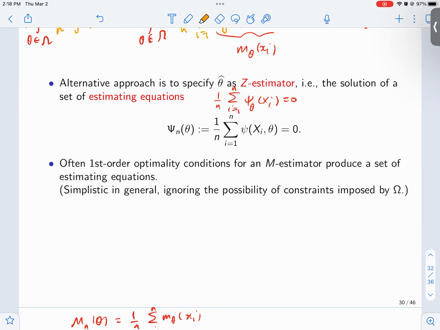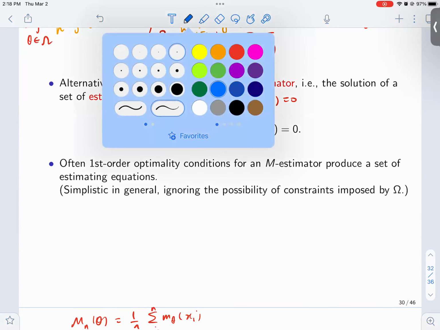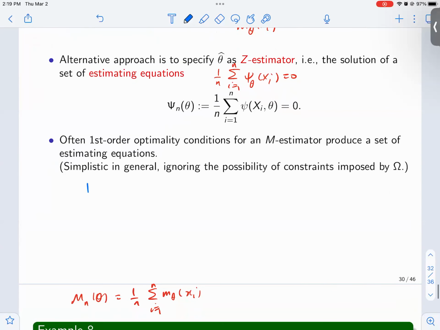a good source of method of moments approaches. So if you think of this as an empirical moment, so this is approximating: imagine 1 over n summation i from 1 to n of psi_theta of xi. This is approximately the expectation under the true parameter of psi_theta of x1.